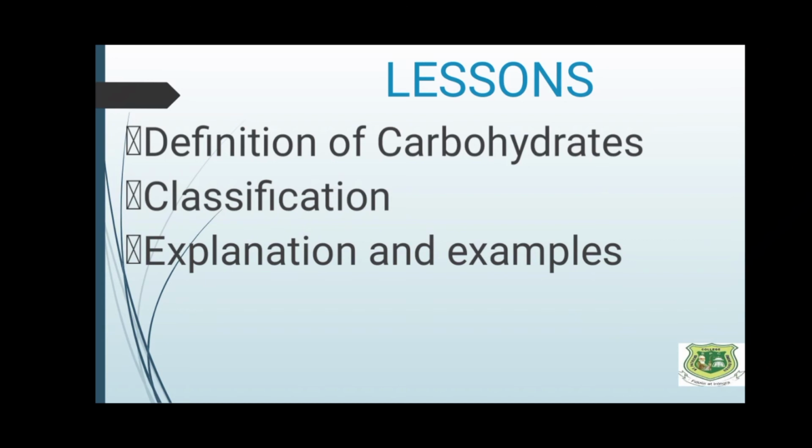Carbohydrates are organic compounds, and the major elements that make up carbohydrates are carbon, hydrogen, and oxygen. And the ratio is as we have it in the water molecule, which is 2:1. The general molecular formula of carbohydrates is CxH2yOy, where x and y are numerals.